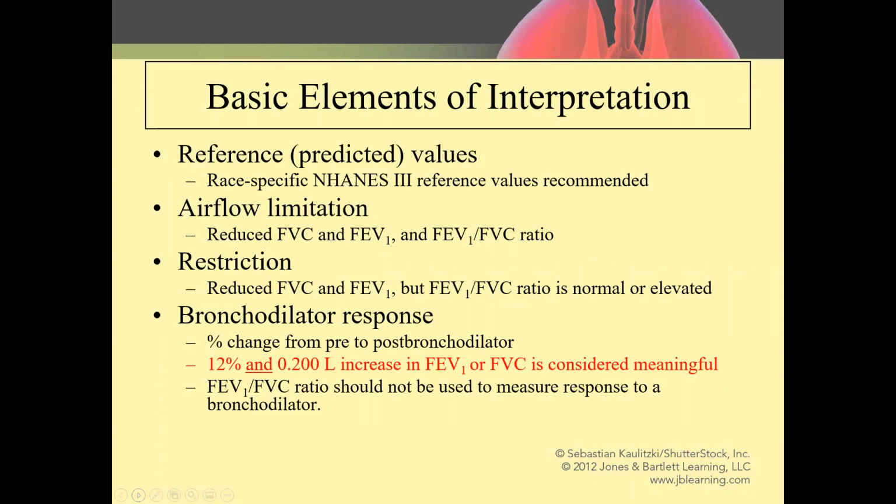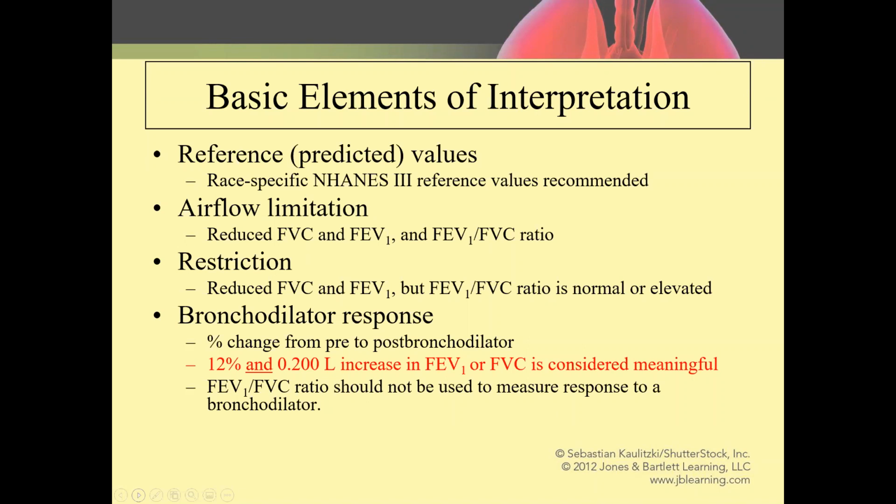With a restriction, you have reduced forced vital capacity and FEV1, but the FEV1 to forced vital capacity ratio is normal or even elevated in some cases. The elevation will come because the lungs or chest wall want to contract back to their resting state. You can get times where the actual flow is elevated.